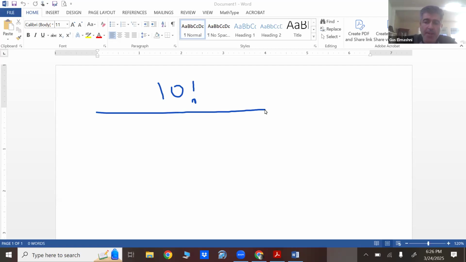But if some letters are repeated, you're going to have some redundancy or some arrangements that are just the same. So in order to get rid of that, you got to see which ones are repeated, how many times they're repeated, and do a factorial of that on the bottom.